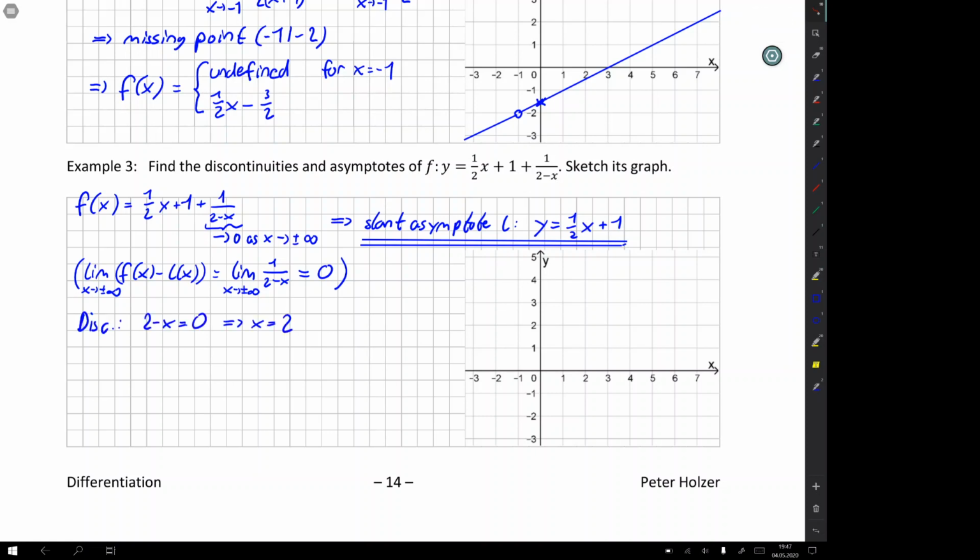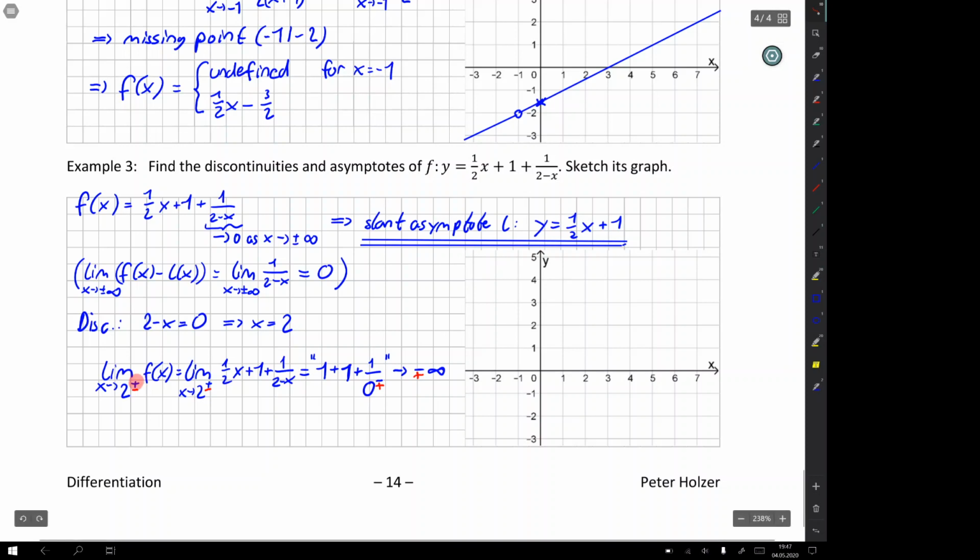Well, to find the discontinuity, we have just to look at this expression here, 1 divided by 2 minus x. So the 2 minus x has to be 0. We find a discontinuity at x equals 2. And now investigating its behavior there, the behavior of the graph or of the function, this means let x go towards 2 plus and towards 2 minus. So let's first look just at the blue part.